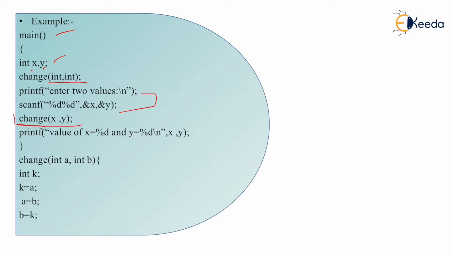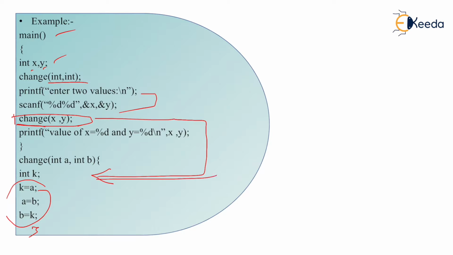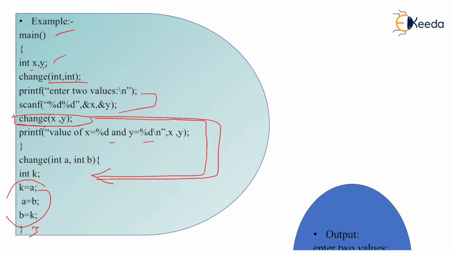When the function gets called, the control goes from here to the function declaration, right? Then whatever the values of x and y, it will perform the swapping of the two numbers, right? After performing the swapping, when the control goes to the next statement, printf the value of x is something and value of y is something.